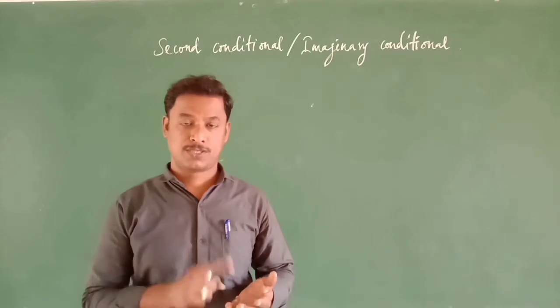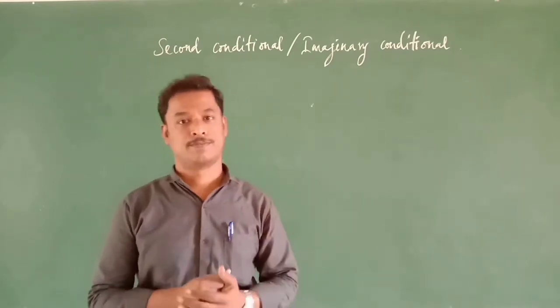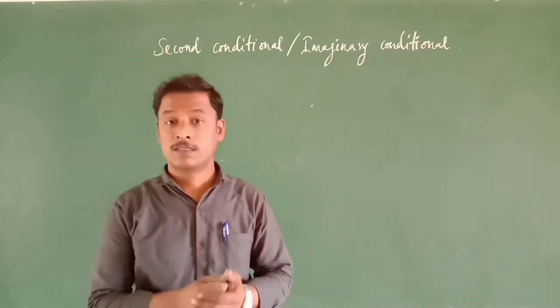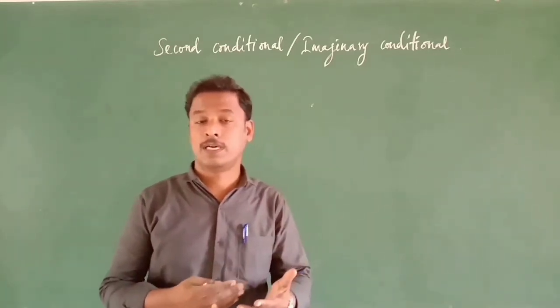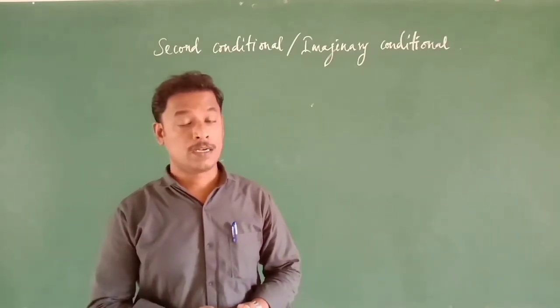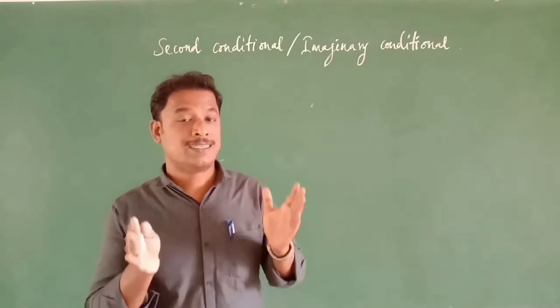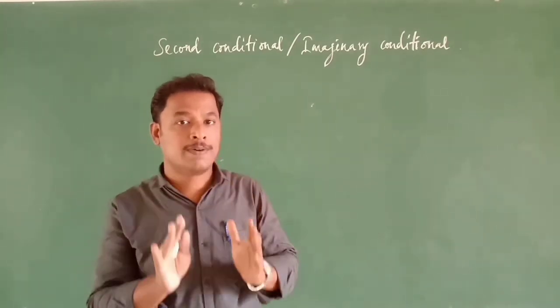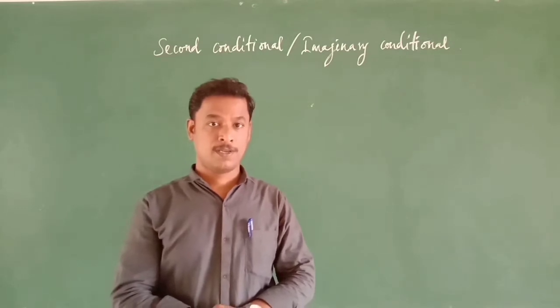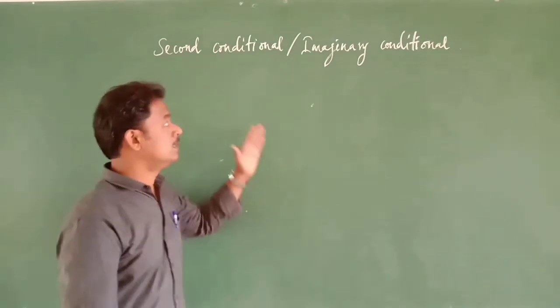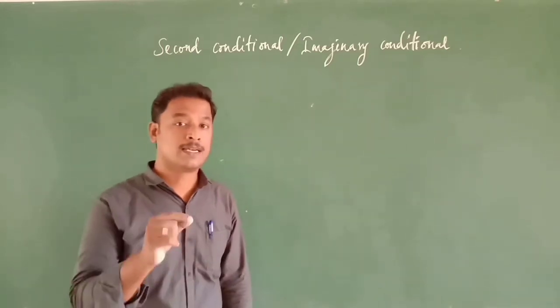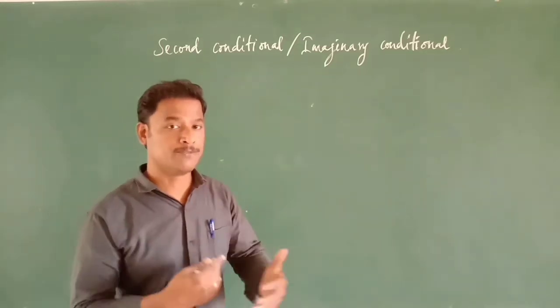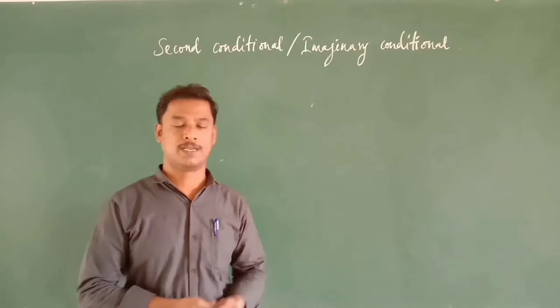Improbable situations now or in future, or unlikely situations, or hypothetical situations, or the situation that can happen only in our imaginations can be done in this category. Okay, you cannot predict the result that can happen in future or immediately.